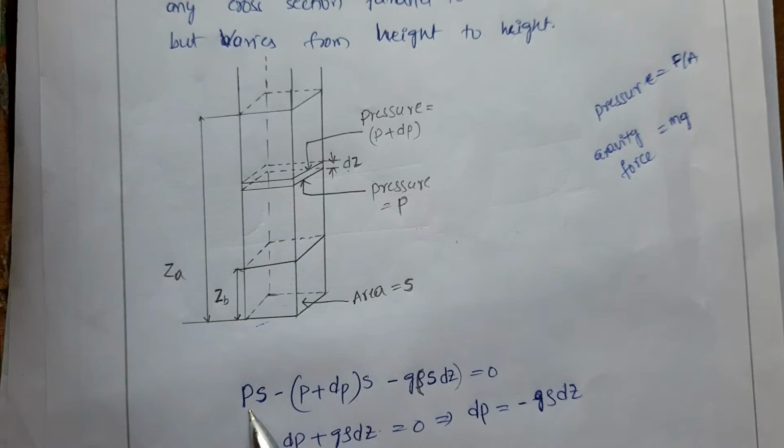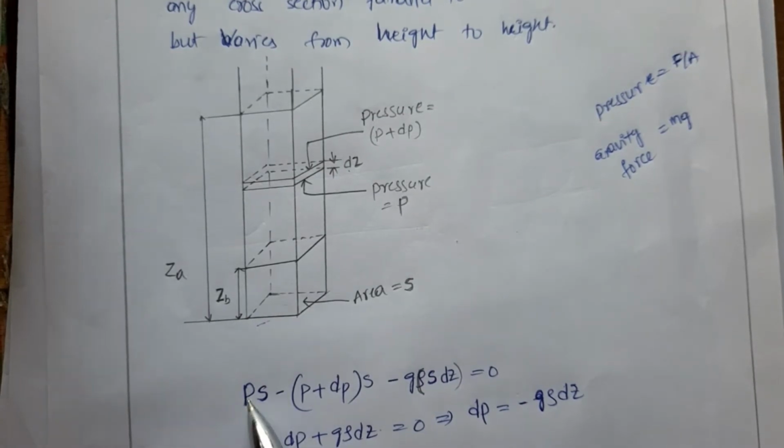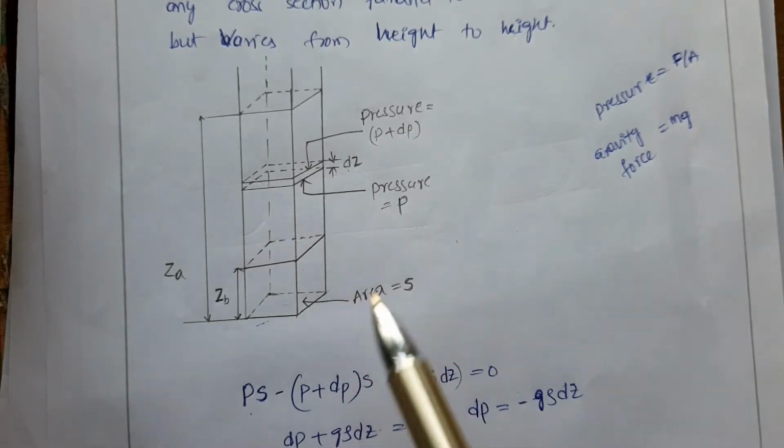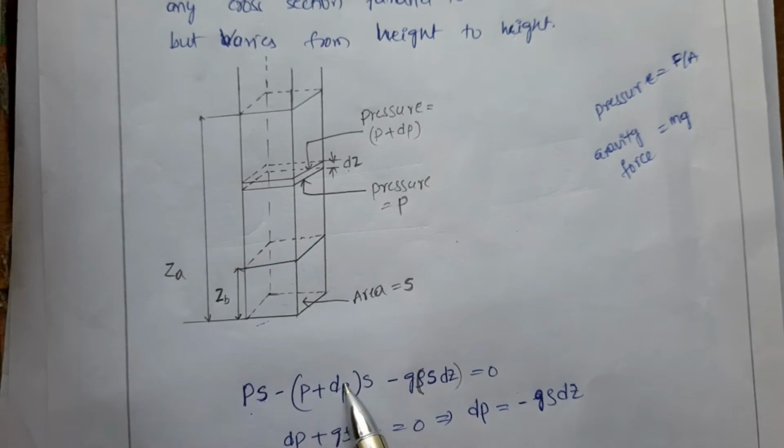Based on that, the upward pressure force is P into cross sectional area S, minus the downward pressure force over a differential element of height dz, which is P plus dP into S. This is the pressure and this is the area. And the gravity force mg is G times the mass density into cross sectional area and dz, which is nothing but the volume element. So the sum of the forces equals 0.